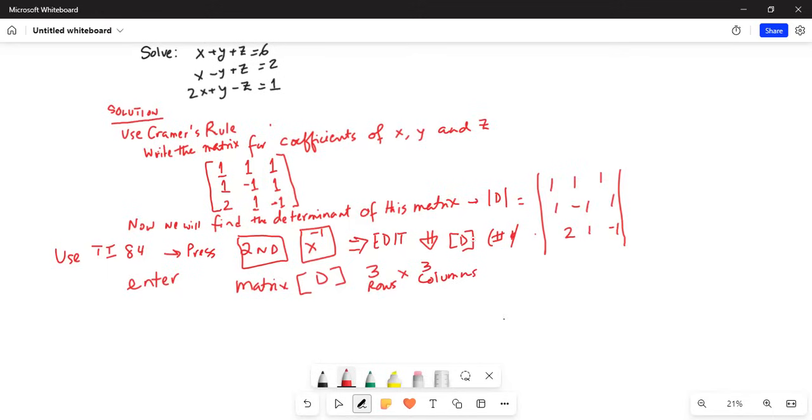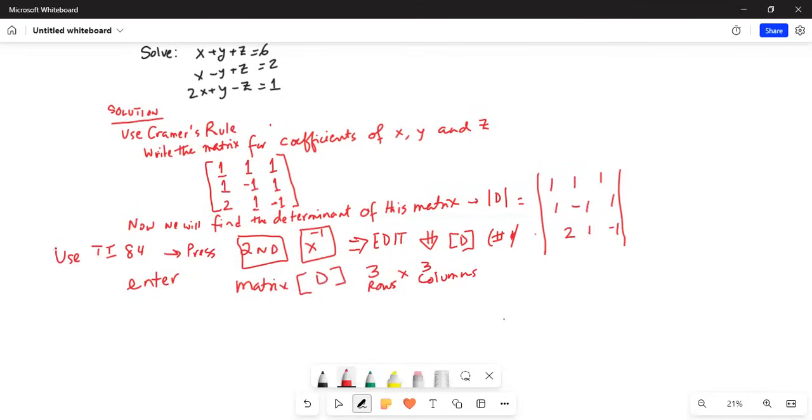Now we have to find the determinant of matrix D. How do I do that? Press the second button and then the matrix button.